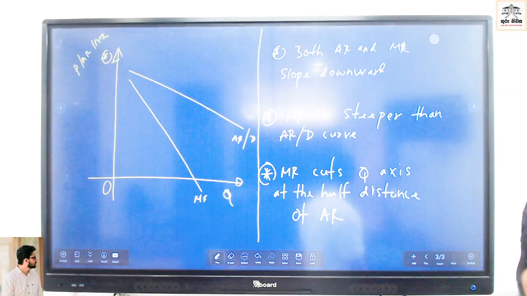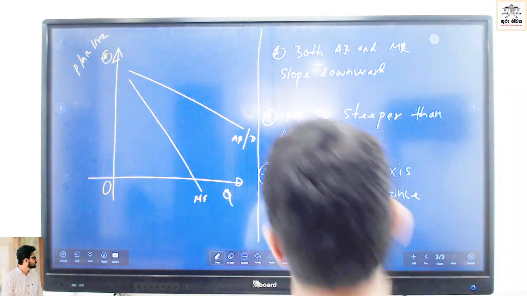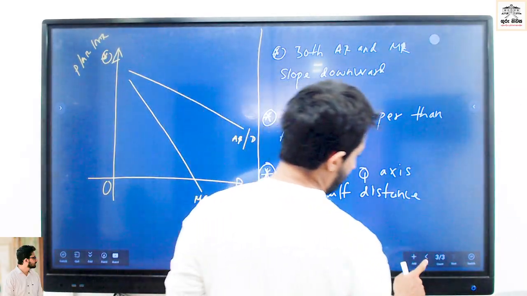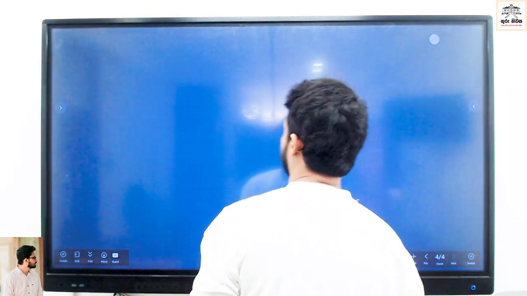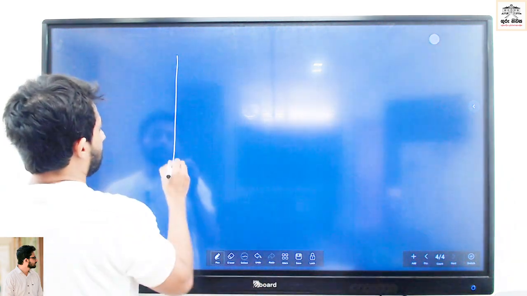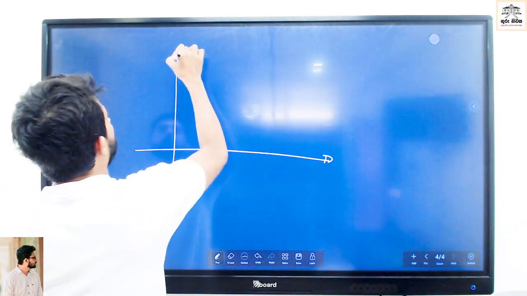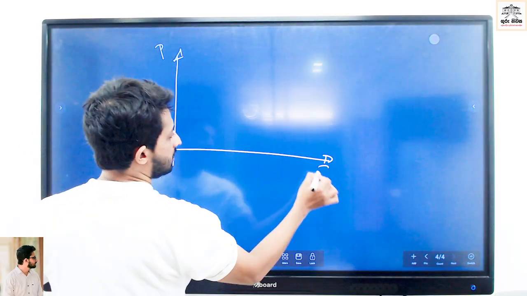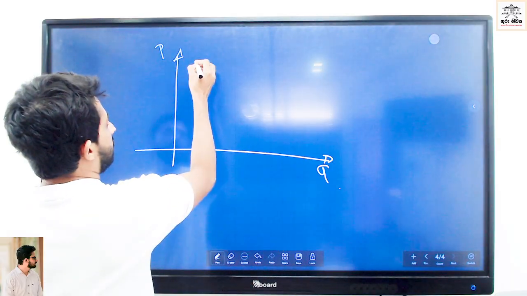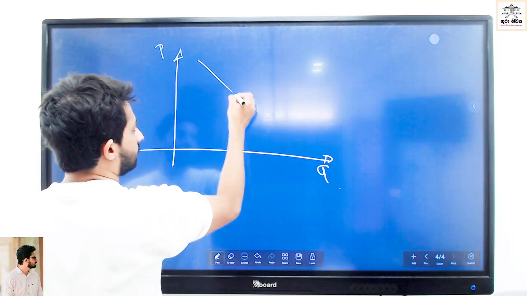Right. It means this is the idea. Price, quantity. Assume this is the AR curve.